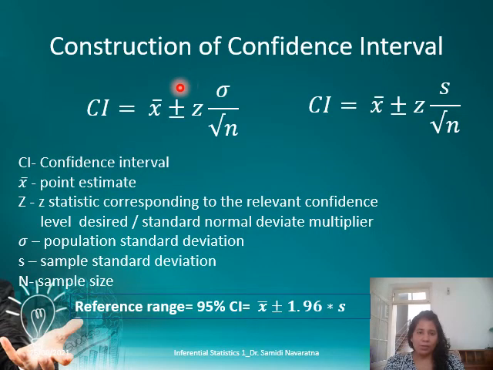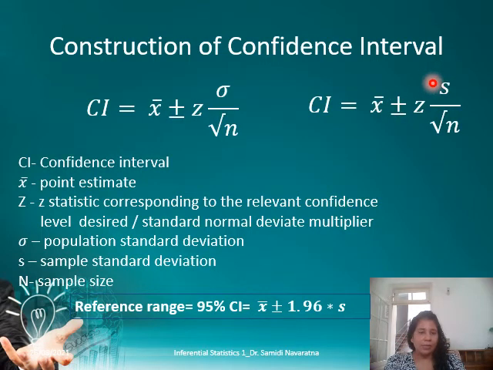However, in real life, unless you carry out a census, you don't have the population data. So therefore, you can always use your sample mean or the sample statistic, whatever it is, to calculate your confidence interval.